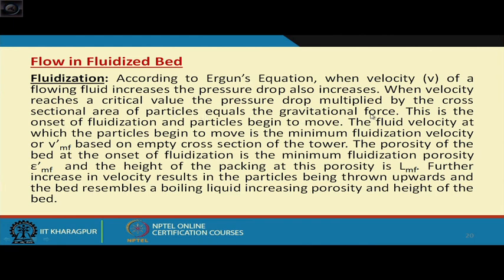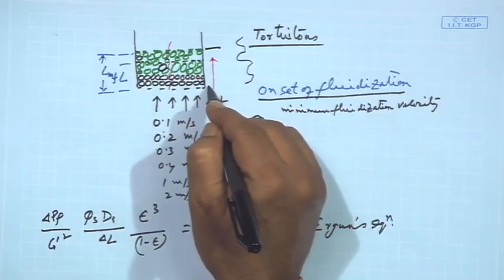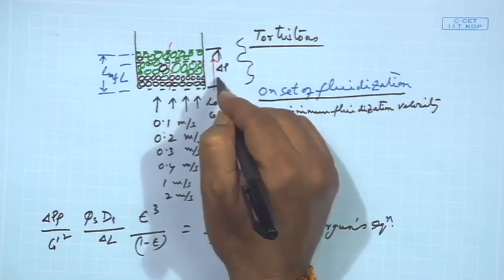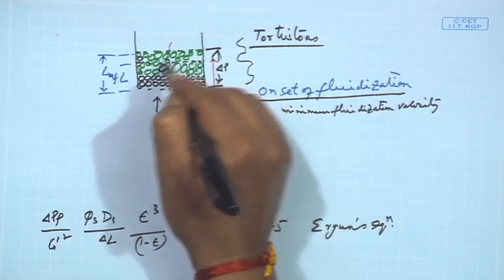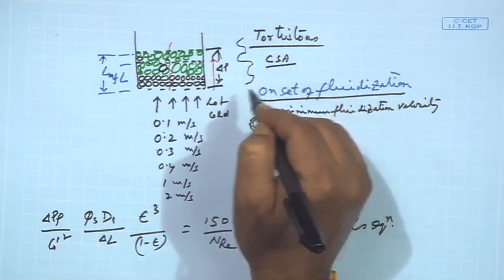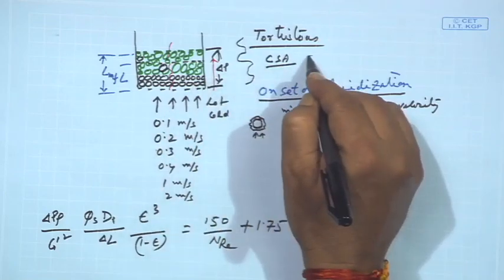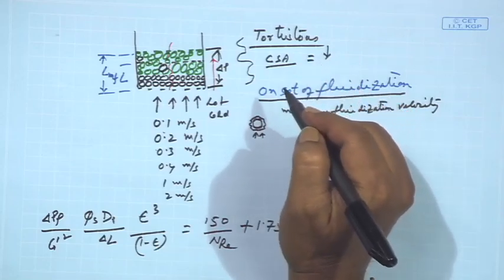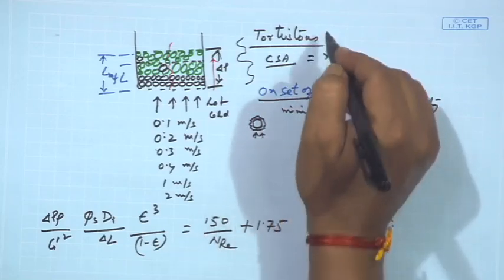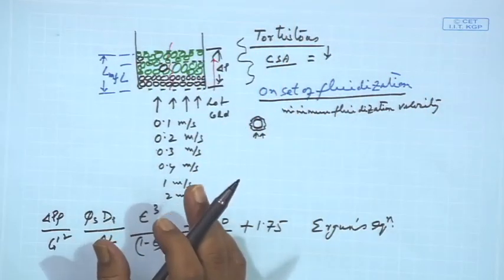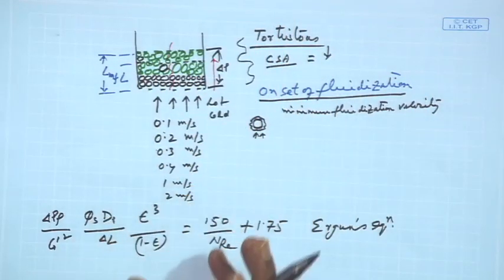Obviously, this is the delta P, this pressure drop multiplied by the cross sectional area, CSA, must equal the gravitational force, because gravity is pulling like this and this force is trying to lift or move it.